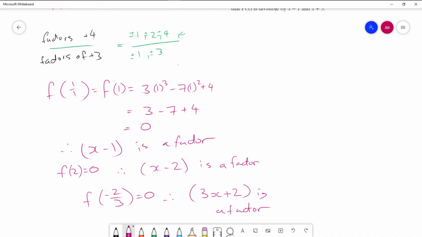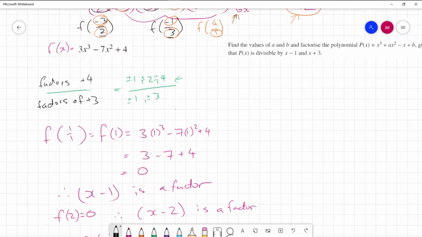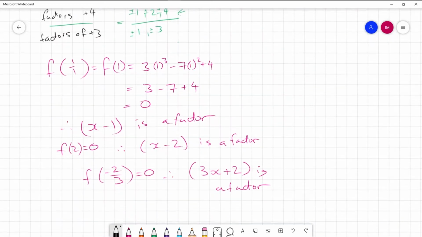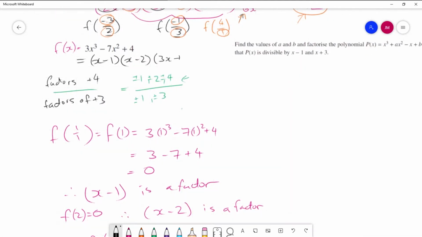So my final answer, going back to my original question, this whole thing at the top must equal x minus 1 times, now I've forgotten, x minus 2 times 3x plus 2. Now check that just quickly.